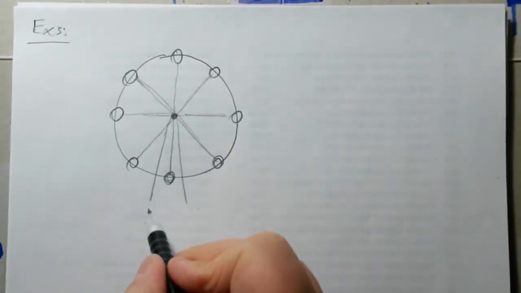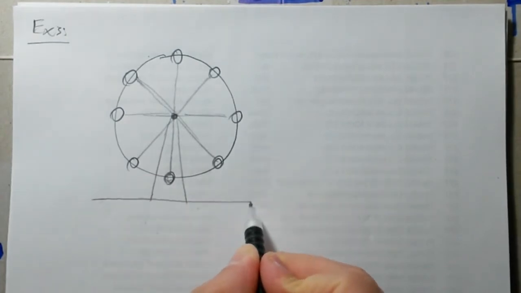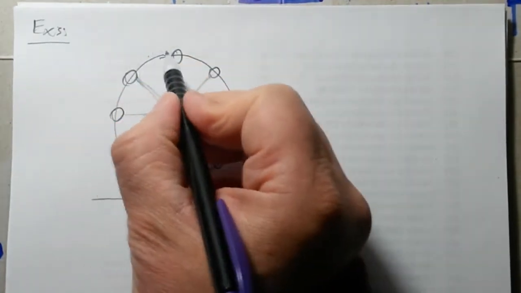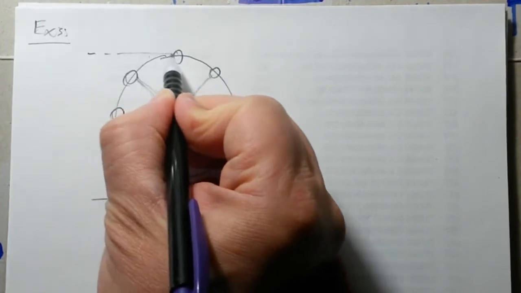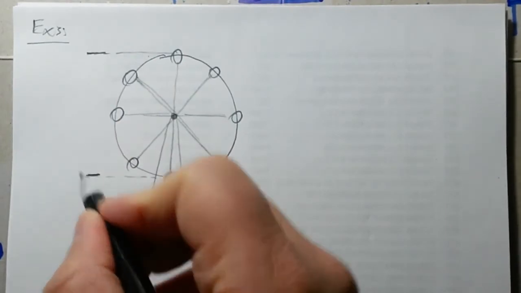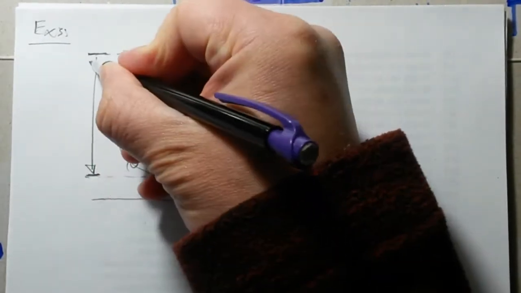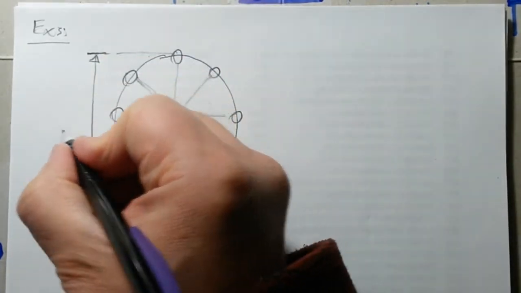And they say that the diameter of this thing is 56 meters. That's the ground, by the way. So let's label this. From here to there, that's the diameter of our Ferris wheel. They say it has 56 meters.